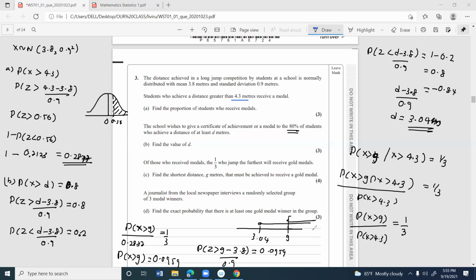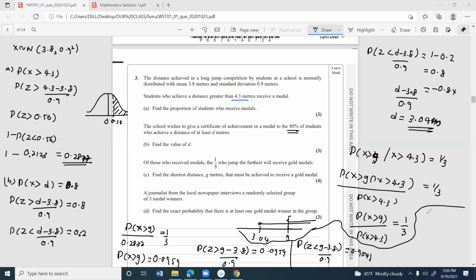You know that the greater region you can't read, so the lesser region should be G minus 3.8 divided by 0.9 equals 1 minus this answer. It turns out to be 0.9041.